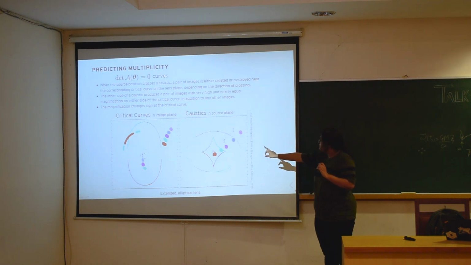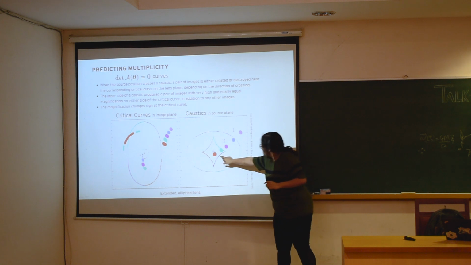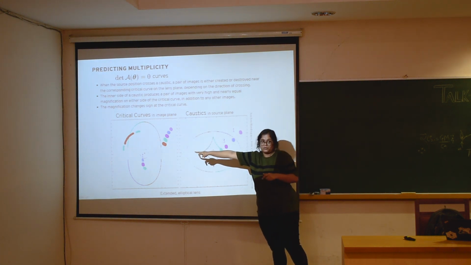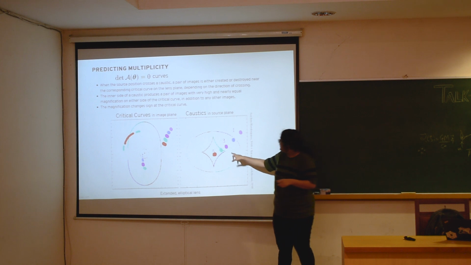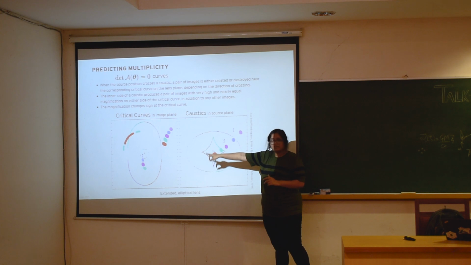If your source is very much in the line of sight to the lens, then you will see 5 images, like that red dot which is very close in the inner circle, and that very distorted arc. As you move off the center of line of sight from your lens, the number of images decreases.